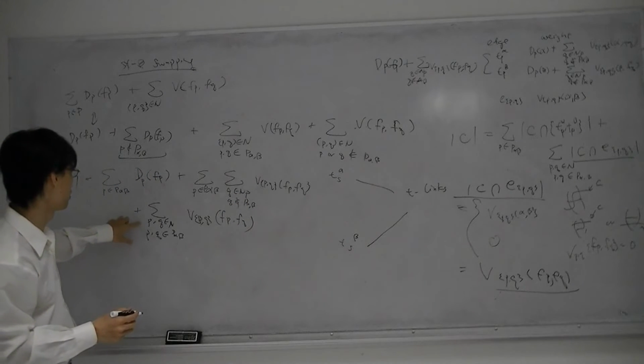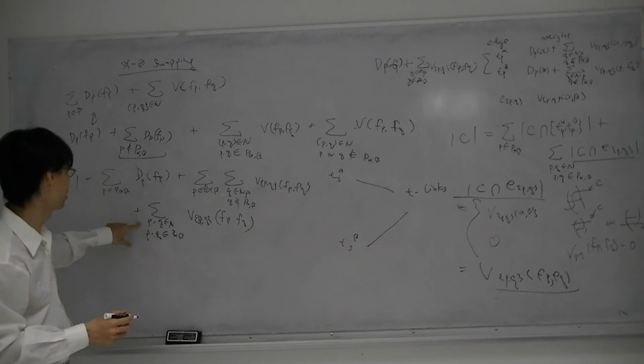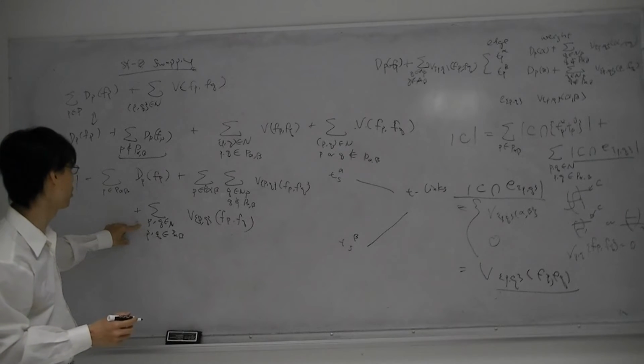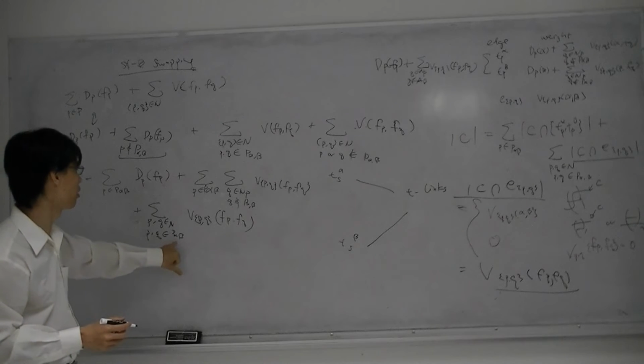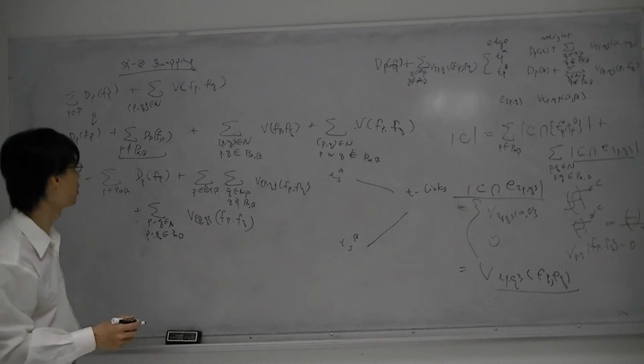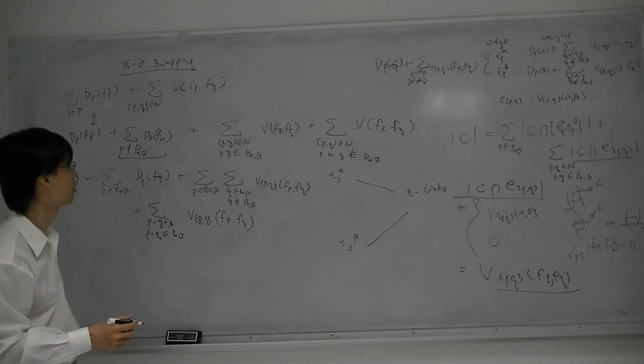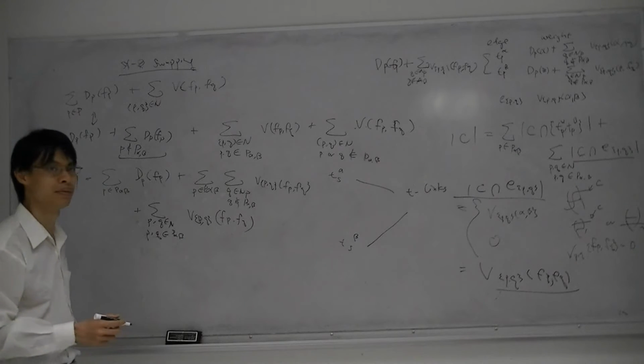This is like some P and Q both in the neighborhood. No, I mean both of them inside the P alpha beta. And for the second thing, Q is only the neighbor of P, but not in the alpha beta.